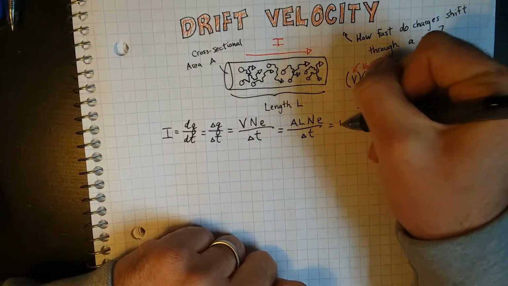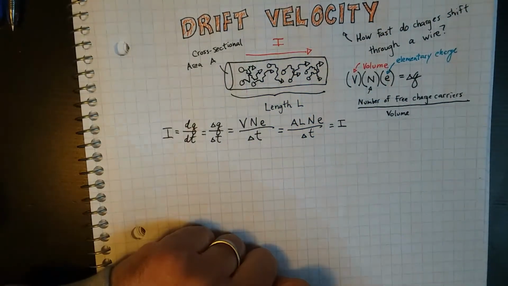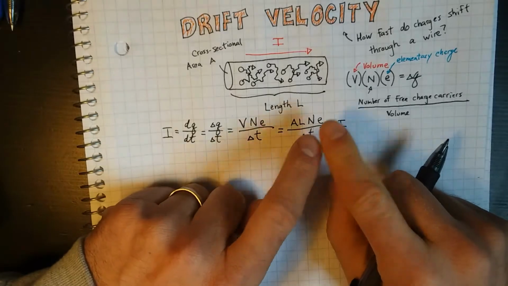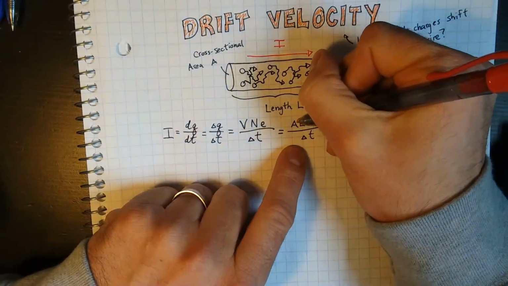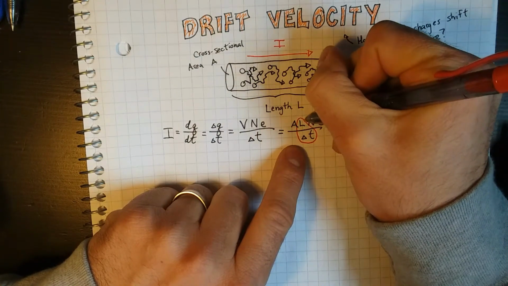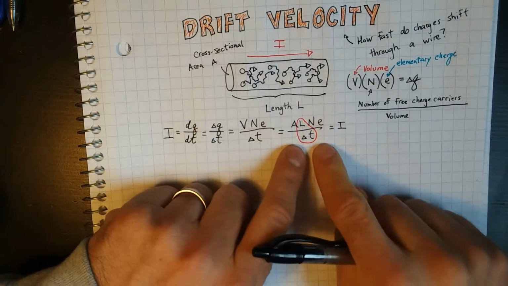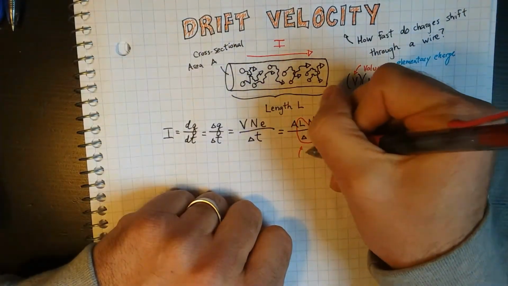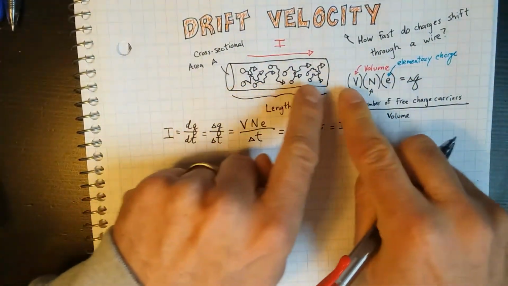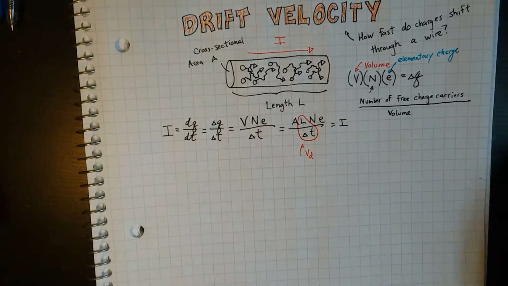And all of that is equal to the current right there. And here, the special thing is going to happen when I look at this L and this delta T term. That is our drift velocity. That's V sub D. How fast they're traveling horizontally, that length divided by that time, is the drift velocity.